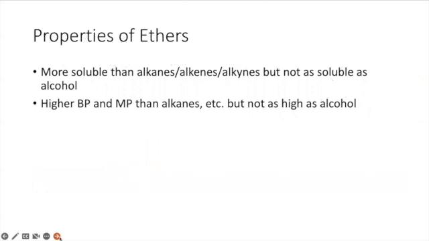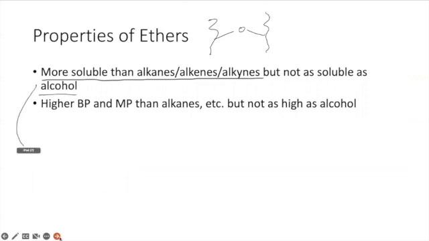So now looking at properties of ethers. Just a reminder, an ether is when we have an oxygen sandwiched between 2 carbon atoms, and then maybe we have some other stuff on the side. These are more soluble than alkanes, alkenes, and alkynes, but not as soluble as an alcohol.